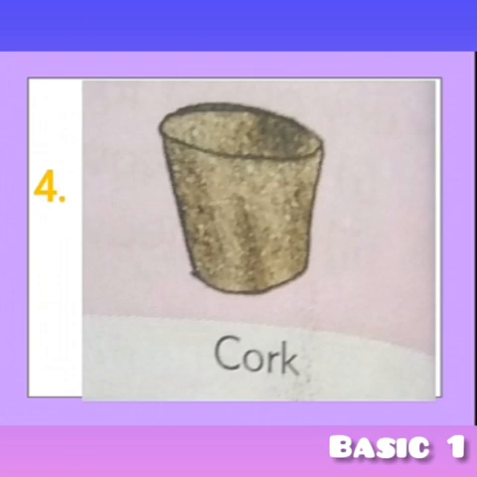When daddy opens wine, the object that pops into the air is called cork. It helps to cover the bottle. Cork is one of the objects that floats on water.